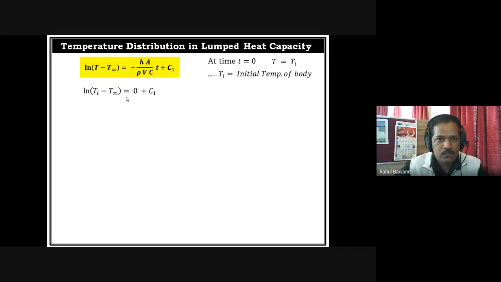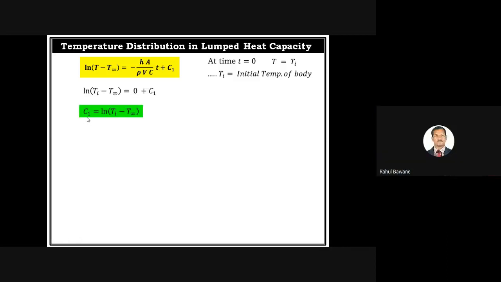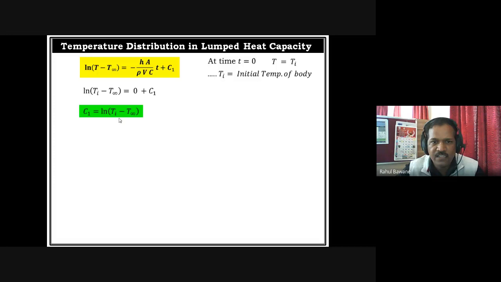Putting in this condition, ln of T becomes ln of Ti minus T infinity. When time is 0, the whole term becomes 0 plus C1. Hence we get the value of C1: C1 is ln of Ti minus T infinity, where Ti is the initial temperature when we heated the object and it was not yet submerged into the fluid.